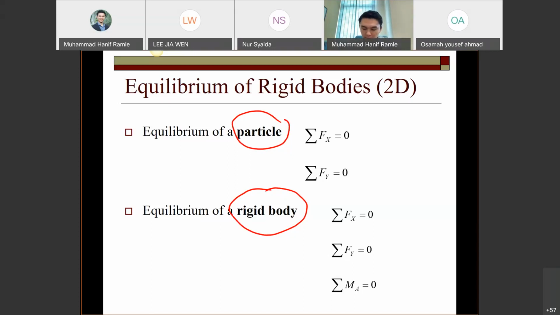This follows Newton's first law. The same goes for a rigid body, but we have an additional one, which is moment. Since a rigid body can rotate, we have to include the moment equilibrium as well. Just a recap of the equilibrium equations, Newton's first law.